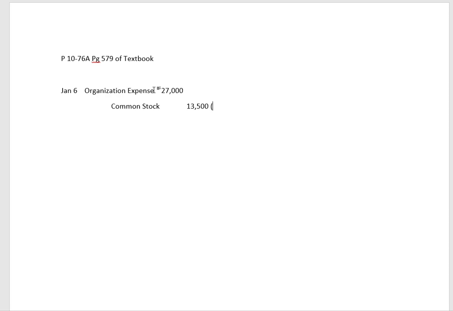Why 13,500? Well, it's 900 shares times $15 par. And the remainder is going to go to paid in capital in excess of par. Here we go. So that's the first journal entry.